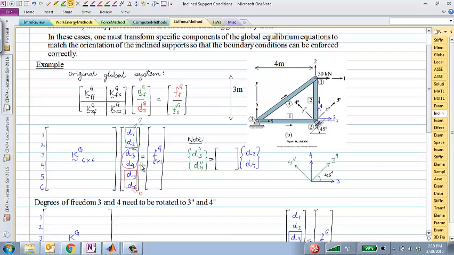So to actually separate out that degree of freedom, what we're going to do is to convert the degrees of freedom 3 and 4 from this global system to an alternative 3 double prime, 4 double prime system, which is oriented along that support. So any ideas of how we can convert degrees of freedom 3 and 4 to 3 prime and 4 prime?